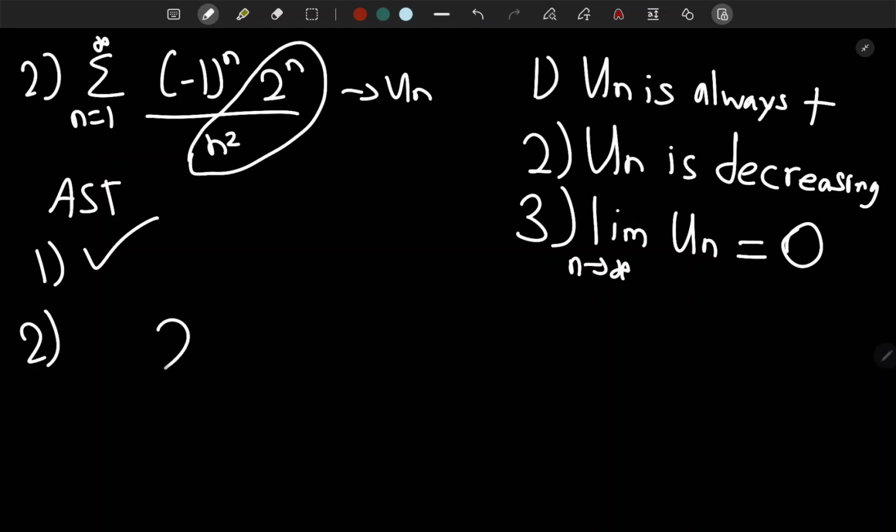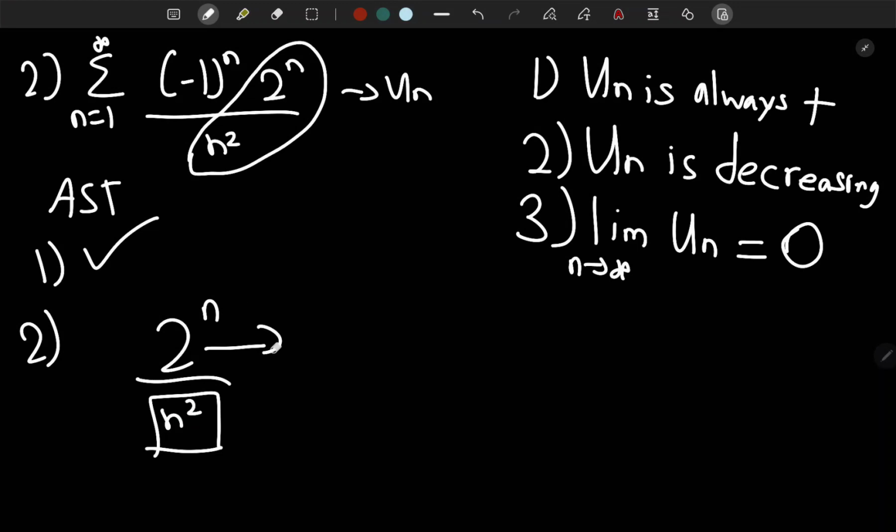We have actually 2 to the power of n over n squared, right? And we know that this is an exponential function. An exponential function increases at a faster rate than this function, right? Because the power here is n, and here we have the base as n, and it's to the power of 2.